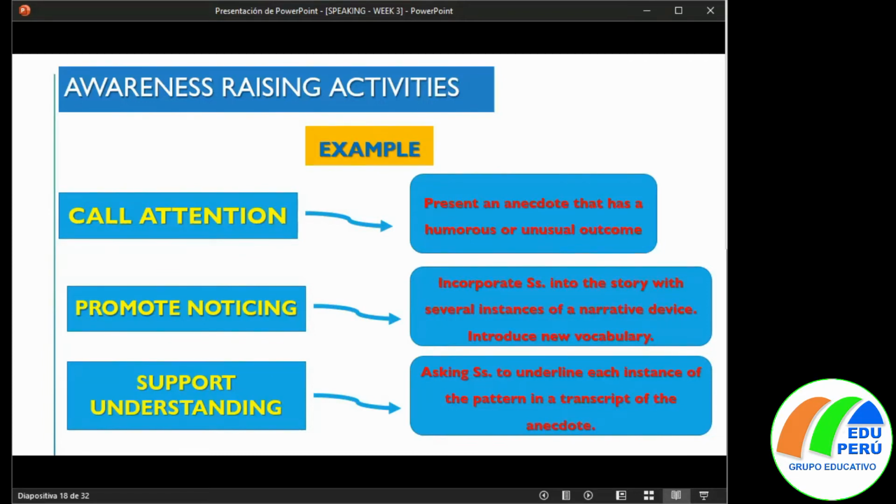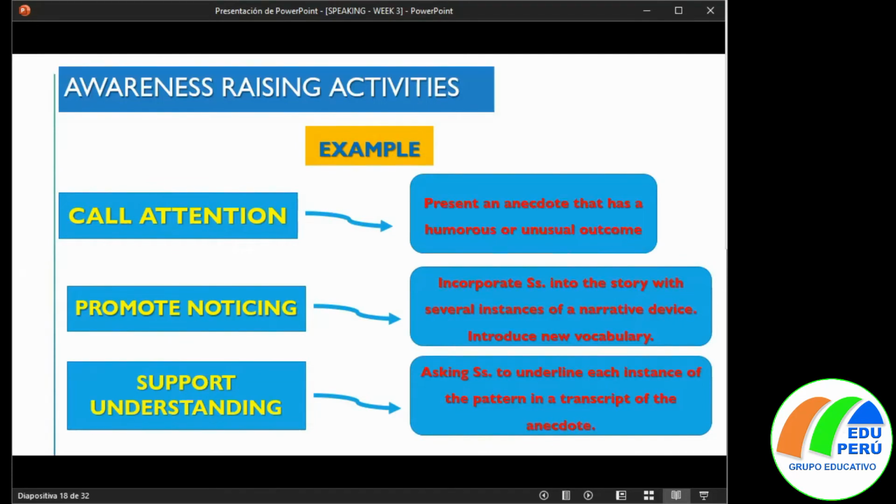He tells an anecdote to the students, and this anecdote is humorous, or the result, the outcome, is humorous or unusual. So the teacher catches their attention using this strategy, with a funny activity, a funny story.